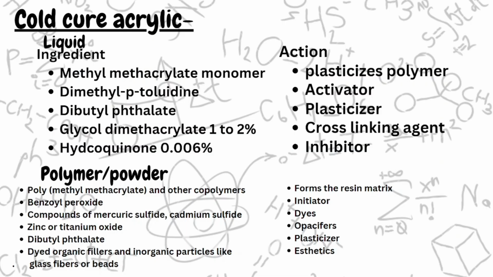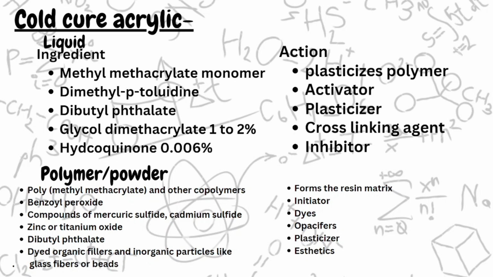Then cold cure acrylic. The composition of cold cure acrylic again contains liquid and polymer powder. The ingredients of the liquid are methyl methacrylate monomer, that again, as in heat cure acrylic, plasticizes the polymer.